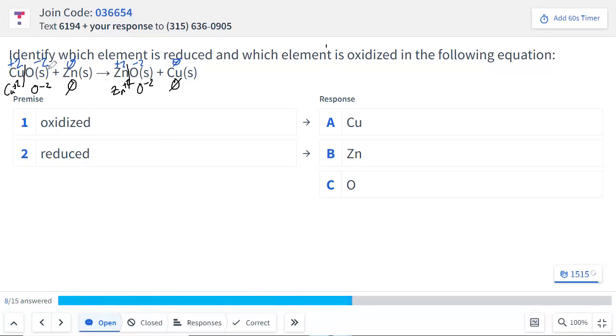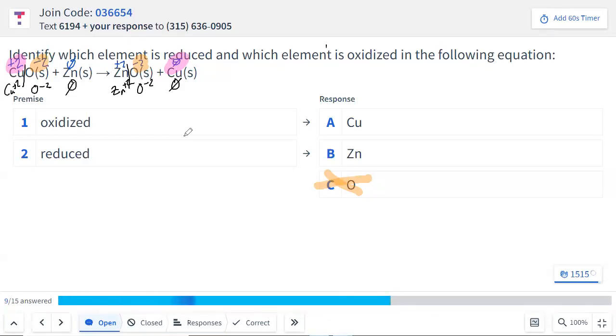Now we have to go through what's changing. Are we seeing any changes with oxygen here? -2 before, -2 after. Okay, so we know oxygen's going to be the odd man out here. It's going to be the response that doesn't get paired because it doesn't get oxidized or reduced. Now we've got copper going from +2 to 0. Are we getting an increase in positivity or a decrease?